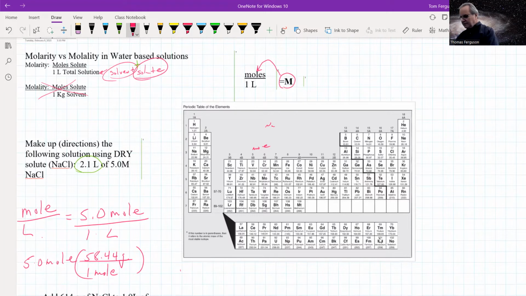And then the next thing we need to do, so this will give us grams per liter. Well, we don't want 1 liter, we want 2.1 liters. So we're going to multiply that answer times 2.1 liters.